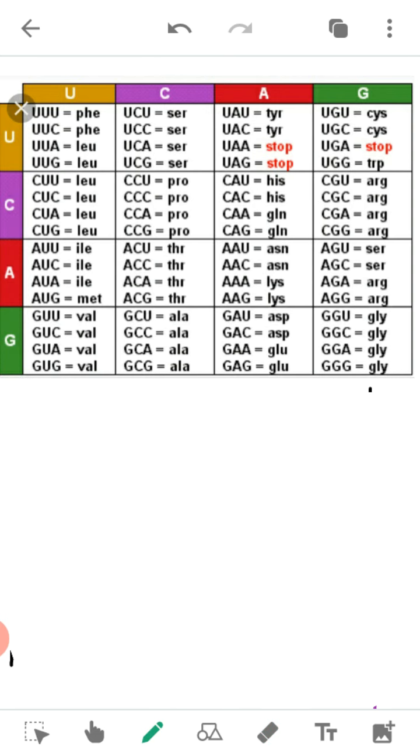See, in the fourth column, there is cysteine, stop codon, tryptophan, arginine, serine, arginine and glycine.